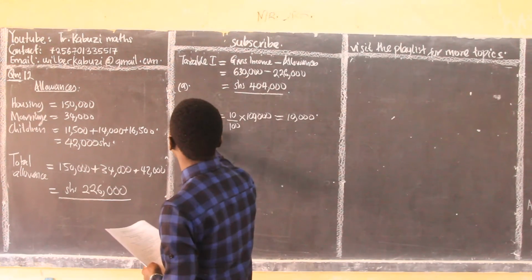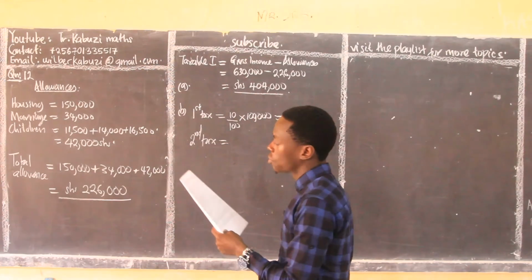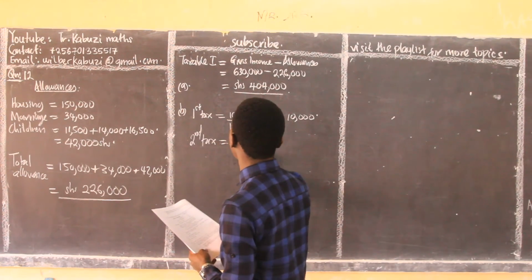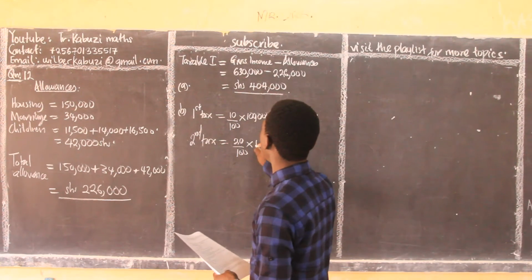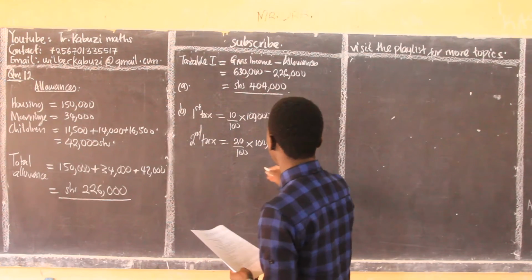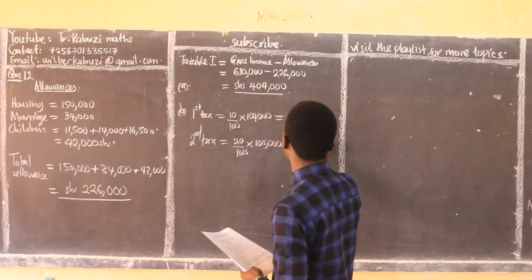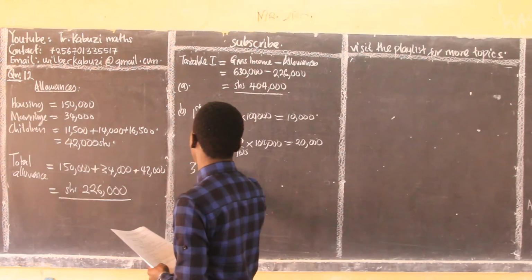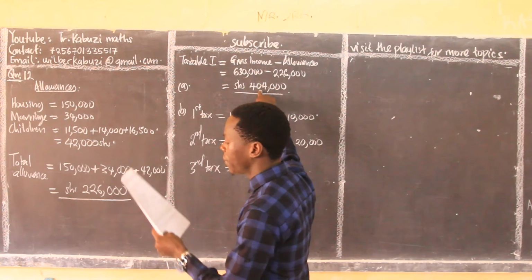Now the second tax is going to be given, telling us that between 100 to 200, and they are rating it at 20%. So we get now the 200 minus the 100 to get now 100,000, which was giving us the 20,000. The third tax, remember, this lady has tax up to this.